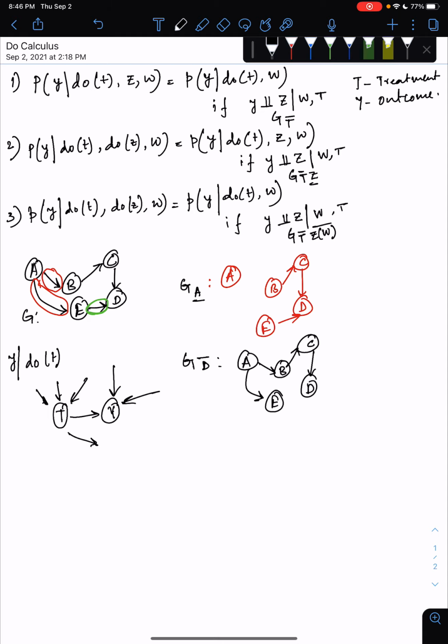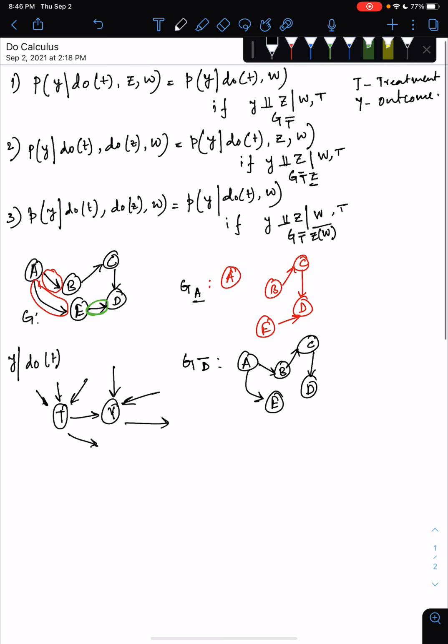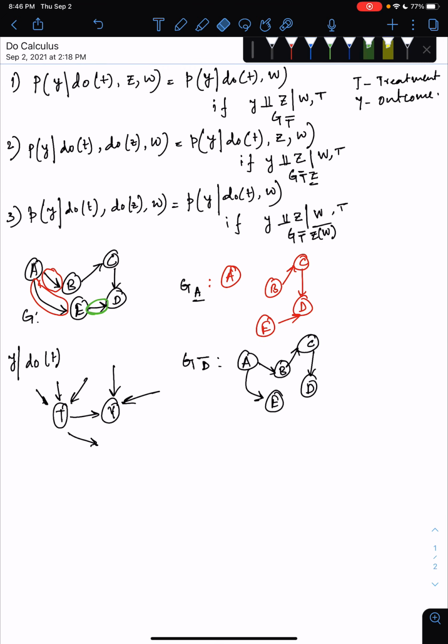When we do this do T, we have to consider the causal graph where we remove all the incoming edges to this T variable. So we have to remove this.